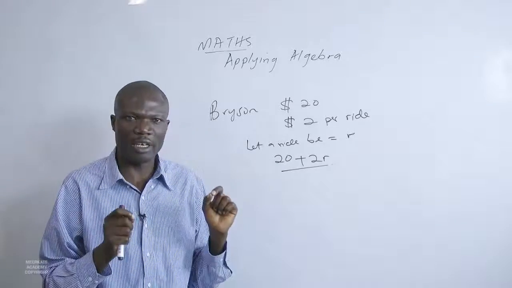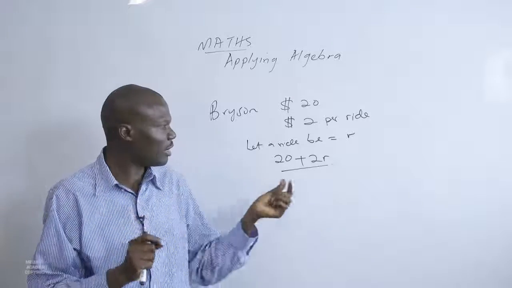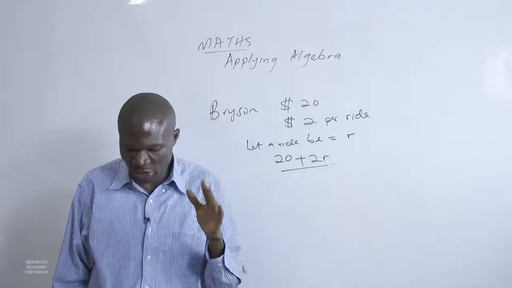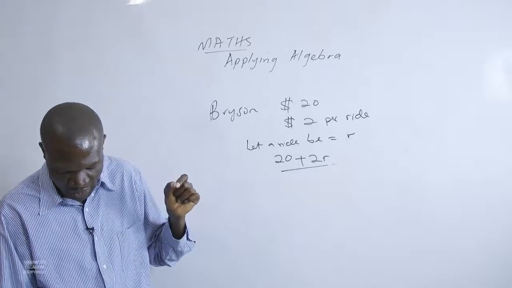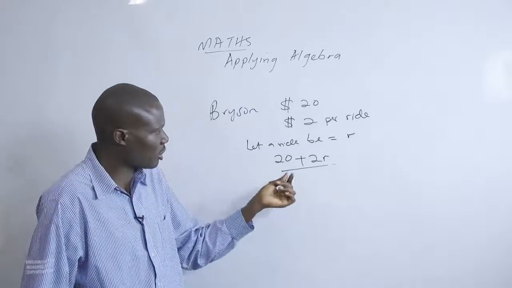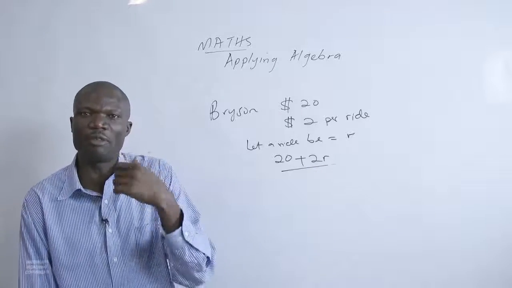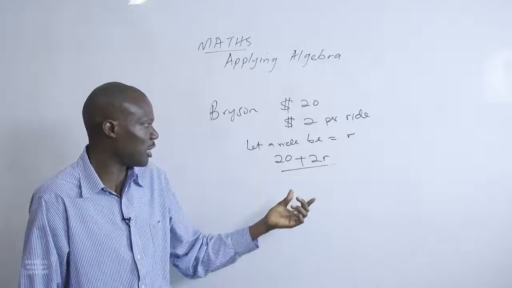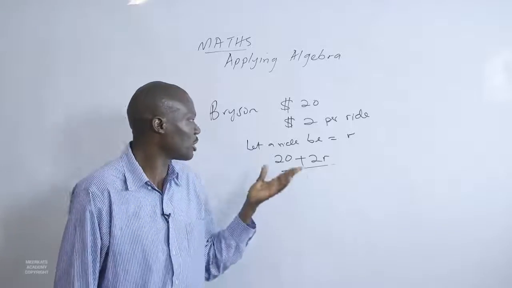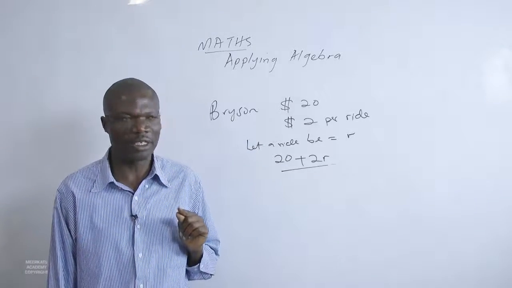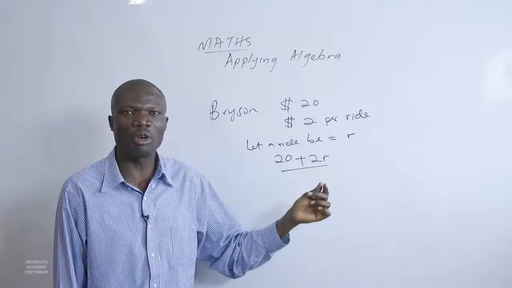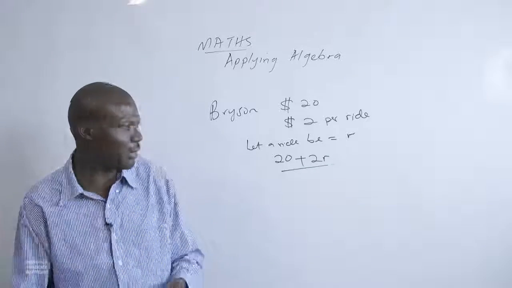You define the variable first. You have to have a clear definition of these variables, and your variable here is r. If I may ask you now, what does r stand for? You'll tell me r stands for a ride, right? So this is a variable and it is clearly defined.